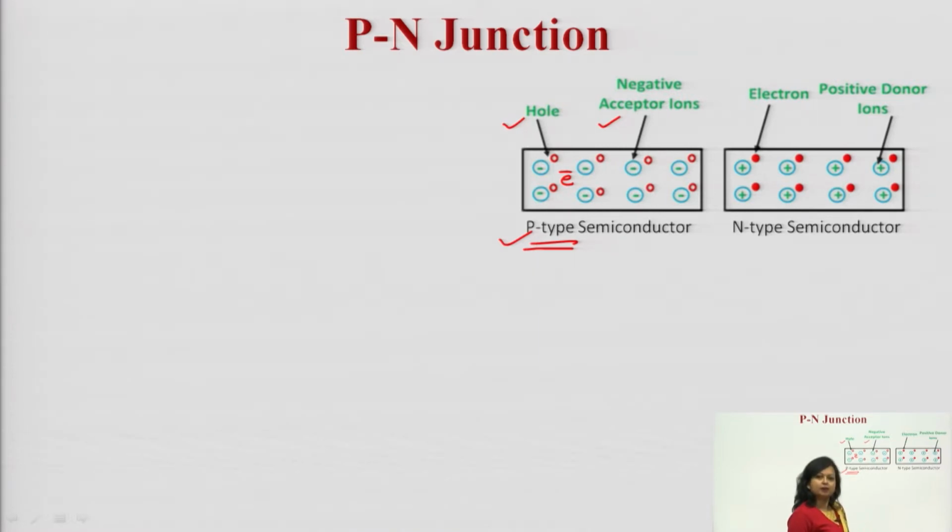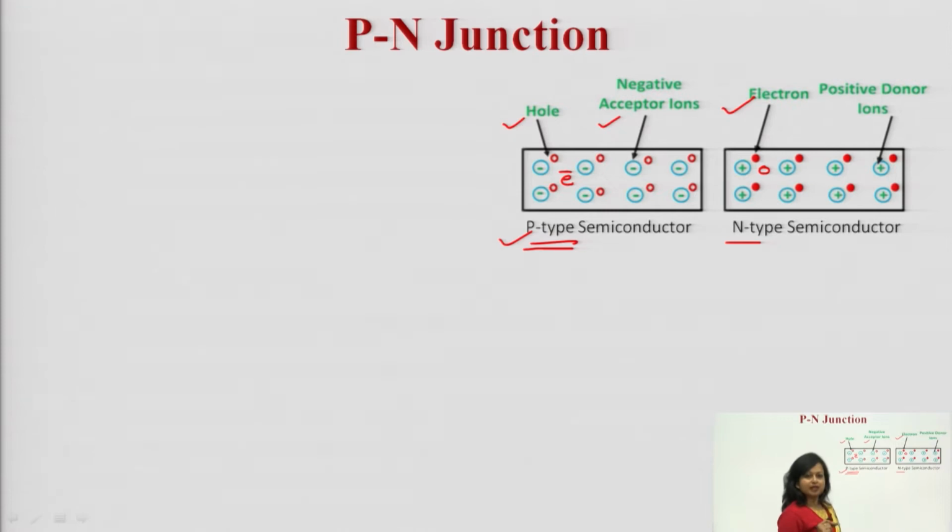When we talk about the N-type semiconductor, a pentavalent impurity is added. Examples are nitrogen and phosphorus. Each impurity atom can contribute one free electron. So, in an N-type semiconductor, the majority charge carriers are electrons, and holes are in the minority.